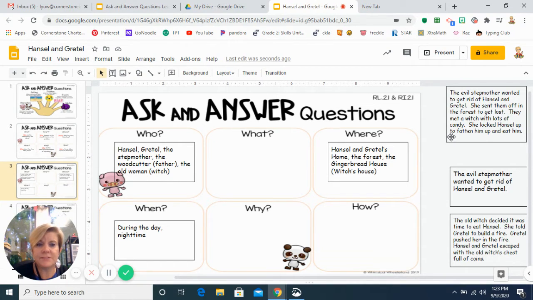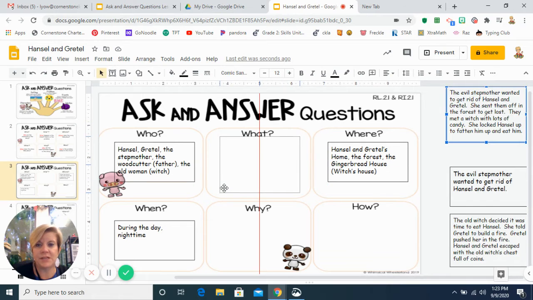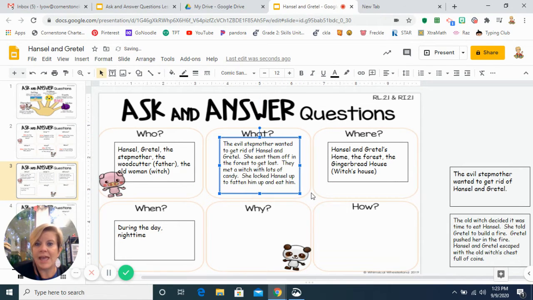So the evil stepmother wanted to get rid of Hansel and Gretel, and she sent them off in the forest to get lost. They met a witch with lots of candy, and she locked up Hansel to fatten him up and eat him. So that tells a little bit about the beginning and middle and the end of the story, but it also tells about what the problem is.